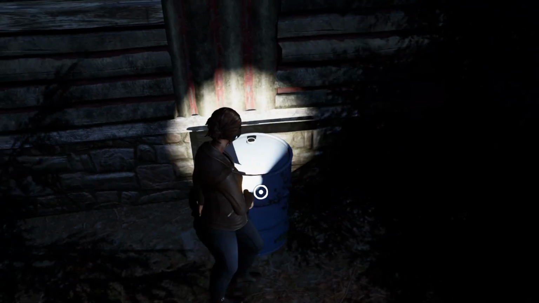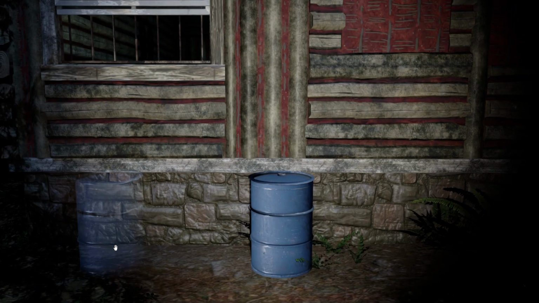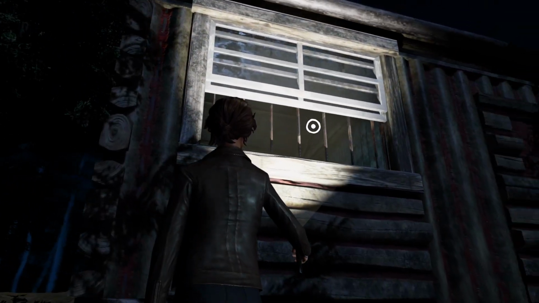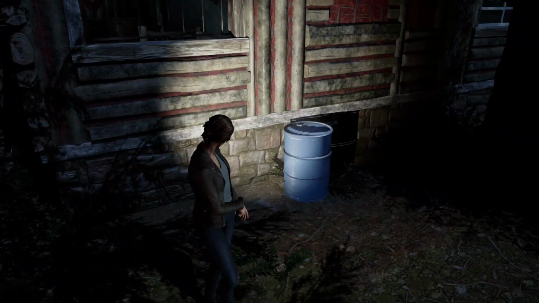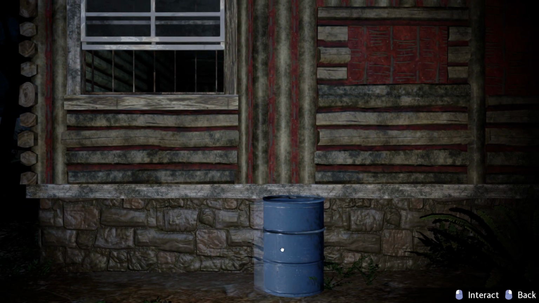Okay, can I move it? Why can't I move it like this? If only I could see what's inside. So I'm moving it, right? Oh, okay.